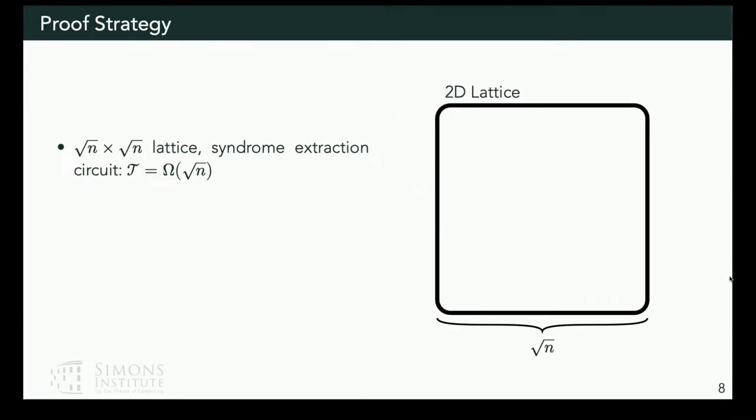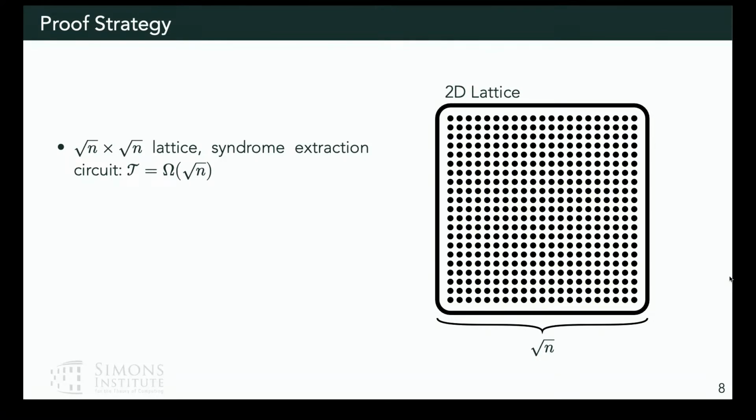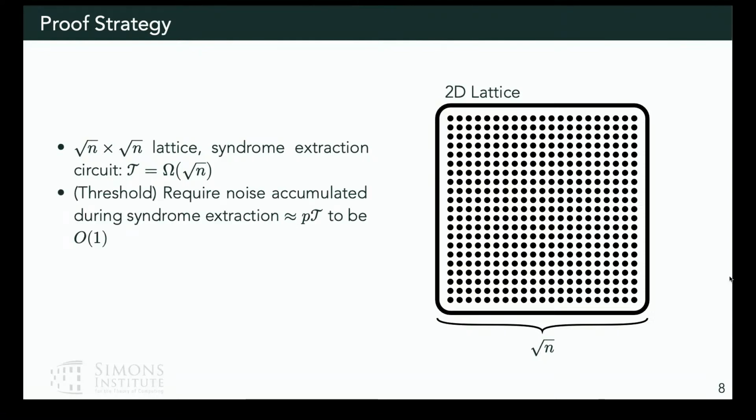And so the way the actual proof goes is I'm going to start with a relatively deep syndrome extraction circuit, and I'll tell you how to construct this in a moment. I'm going to have a lot of qubits. And to achieve a threshold, for the threshold theorems that we have, we require that the noise accumulated per syndrome extraction has to be a constant.